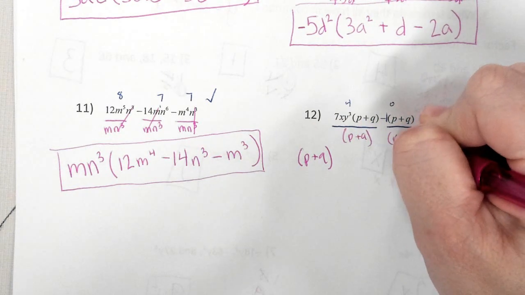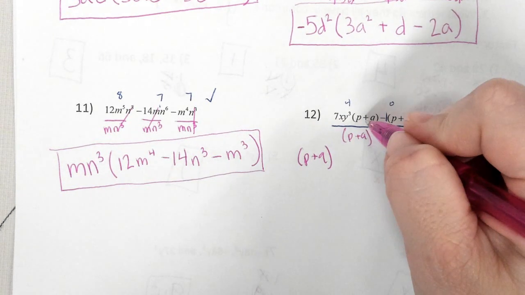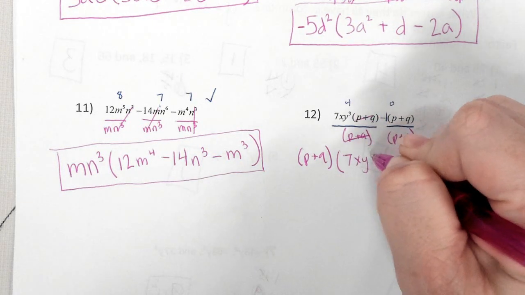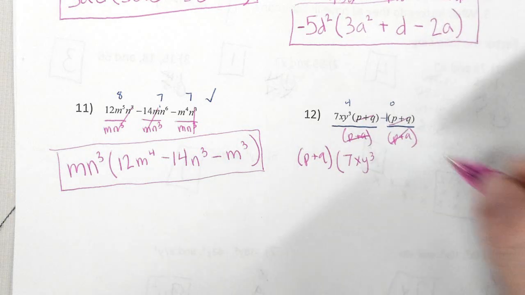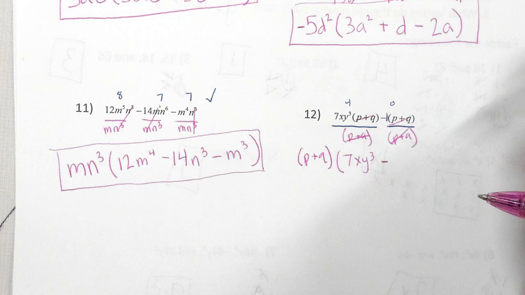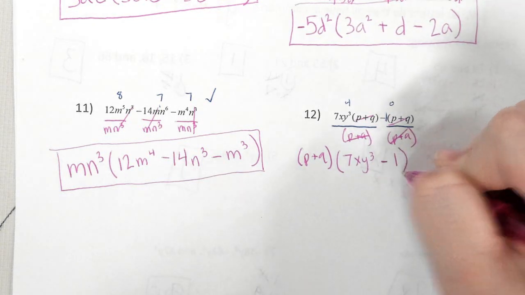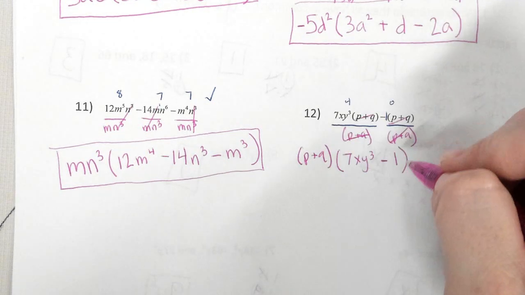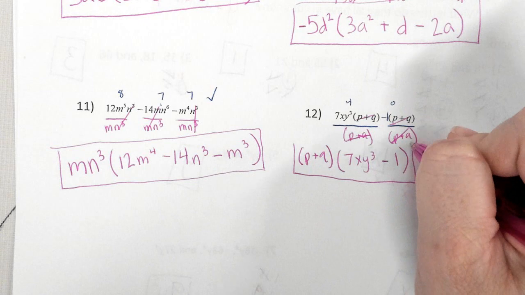So when I take it out, it cancels, and what's left is 7xy cubed. And this cancels. Well, if the top and bottom both cancel, what does that equal? Not 0, 1. Because anything divided by itself is 1. So be careful. Don't ever say 0 or cancel it all the way.